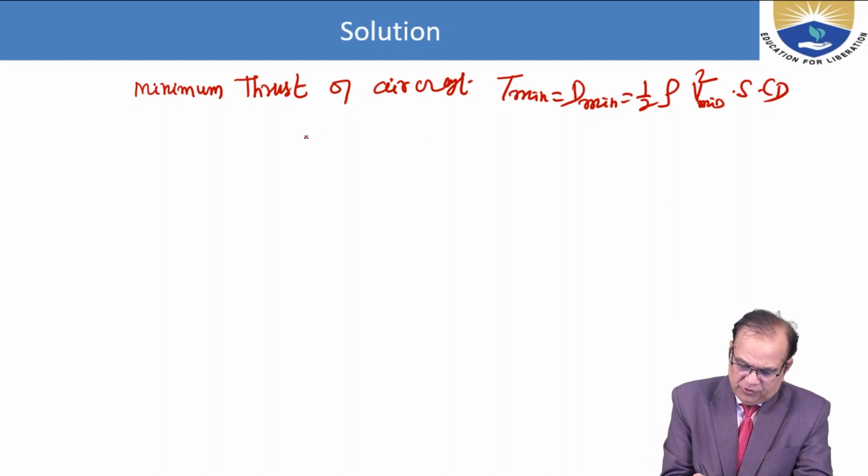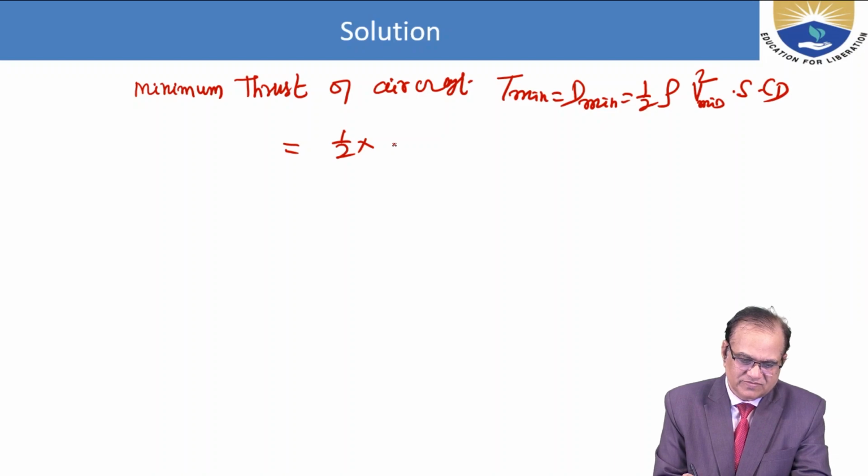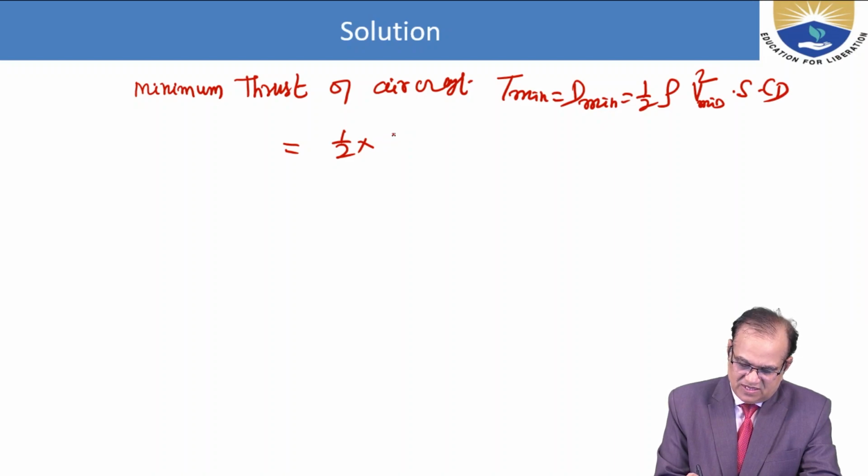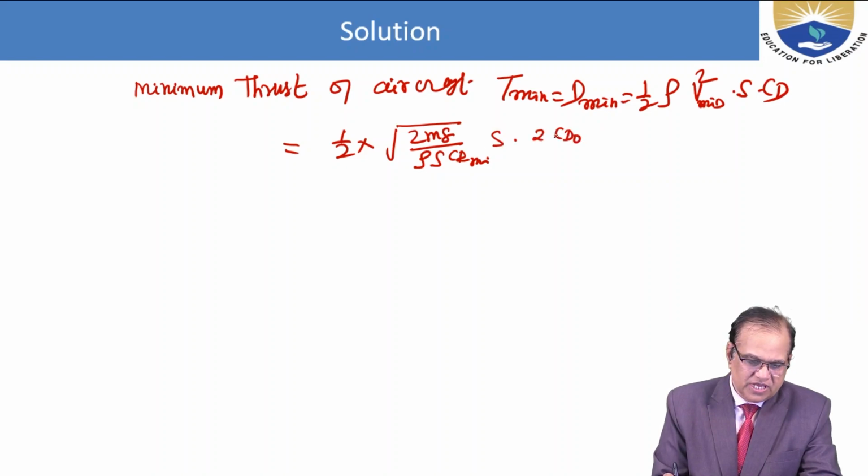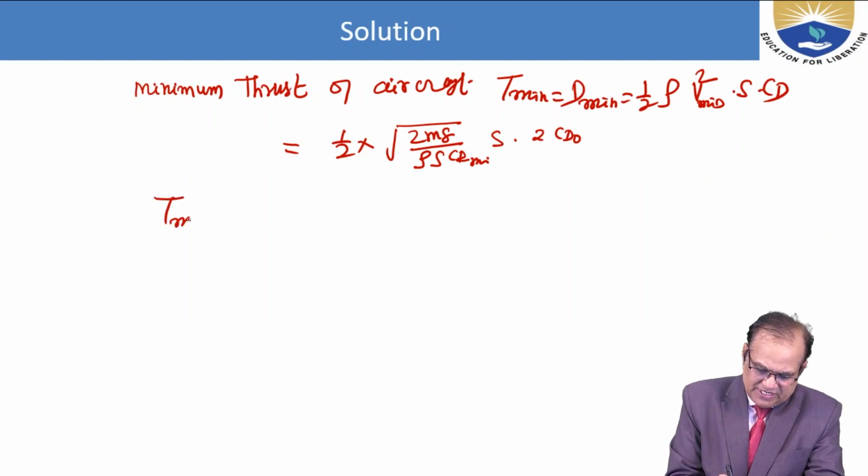So if we put these values, half into under root 2 mg by rho S CL at minimum drag, S into 2 CD naught. If you solve this, we will get T minimum is equal to 2 into weight under root K CD naught.